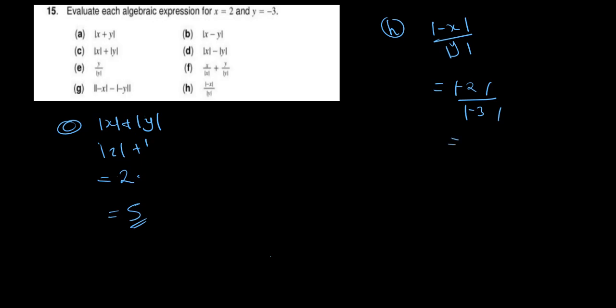So this will be what? On top it will be just 2, and down there it will be just 3, right? So this is the answer. You can't divide any further; this is already a proper fraction. Okay, that is it. We are done with this page.